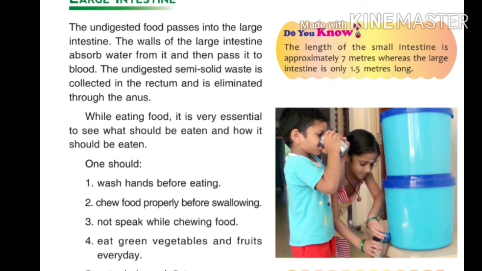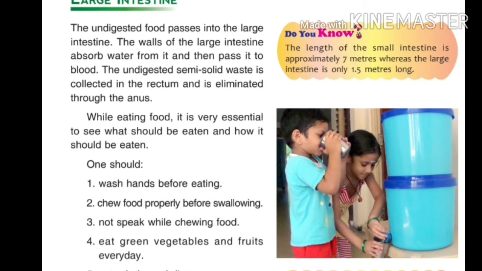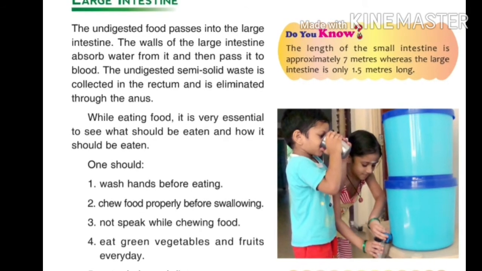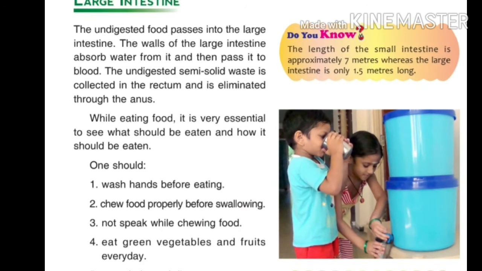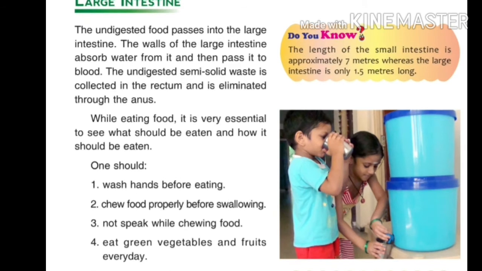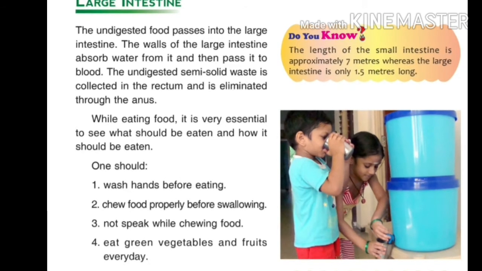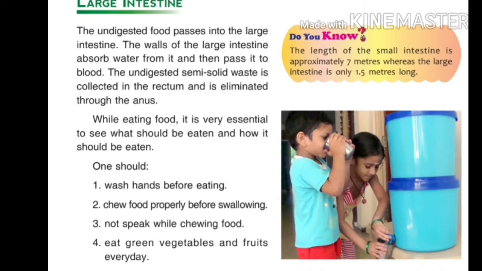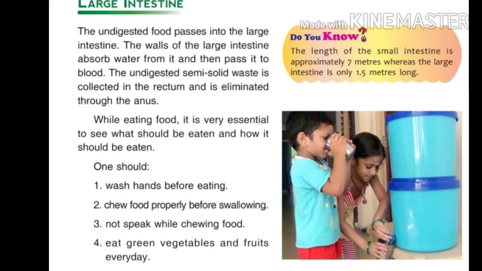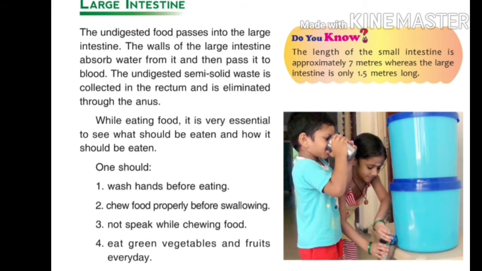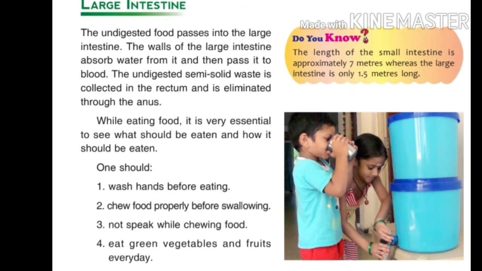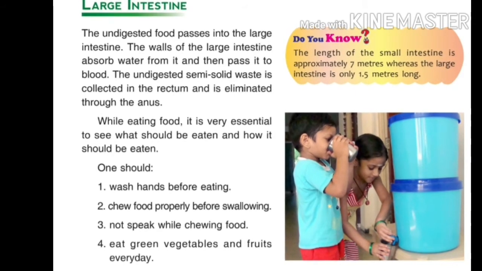While eating food, it is very essential to know what should be eaten and how it should be eaten. What one should do: wash hands before eating, chew food properly, and not speak while chewing food. Most of the time our parents told us not to speak while eating. Why? Can you think of it?